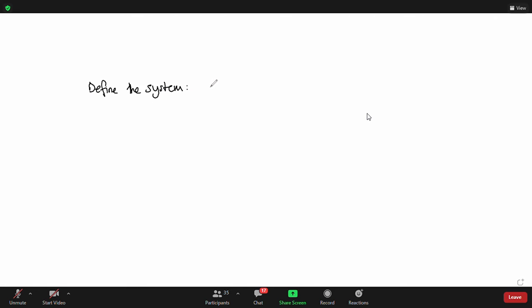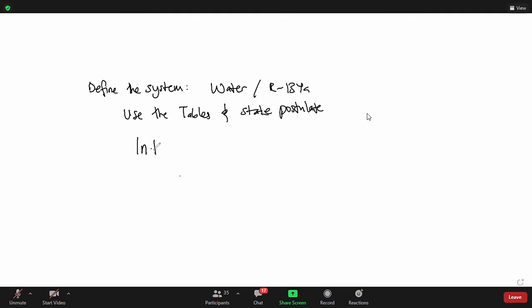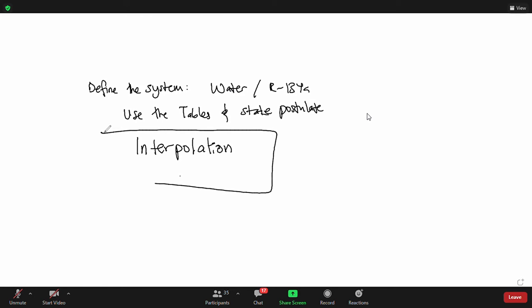If it's water or R134A, use the tables and state postulate. That means you need 2 properties. If you are not given, the second property will come from the process. And then if you need to, you will need to do interpolation.